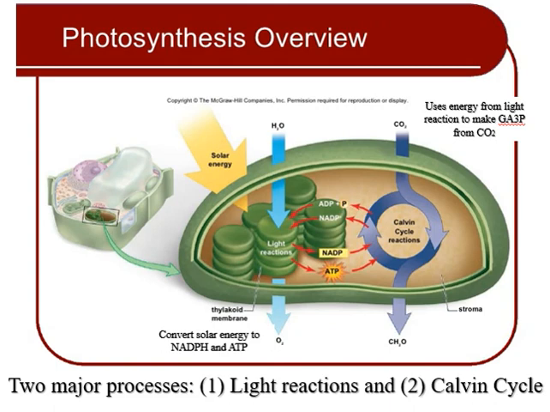So energy from sunlight is absorbed by the chlorophyll and used to make ATP and NADPH. Right? So again, it converts energy into stored chemical energy. So your light reactions are the photo part of photosynthesis.